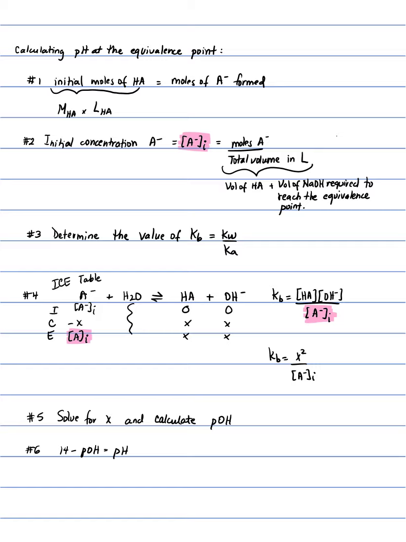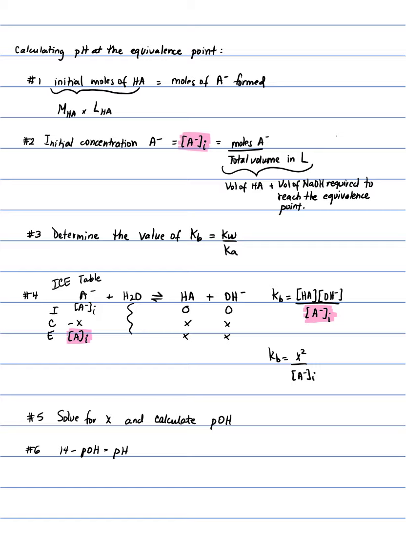Now you have to set up your ICE table. The equation that you have, all of your acid is neutralized to give you the conjugate base and water. Every mole of the acid that you're neutralizing is giving you 1 mole of water and 1 mole of the conjugate base. So at the equivalence point, that's what you have in your flask, conjugate base and water. But the conjugate base is a base, which means that it can accept a proton from the water molecule.